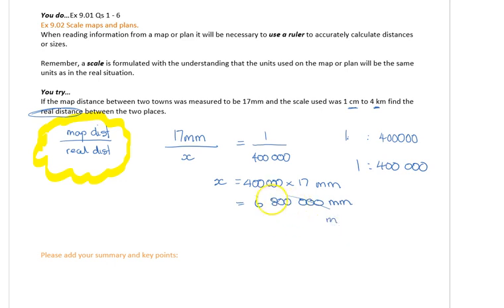And if we divide by another 1,000, which would move the decimal point to 6.8, then we're in kilometres because there are 1,000 metres in a kilometre. So we'd say the real distance between the two places is 6.8 kilometres.